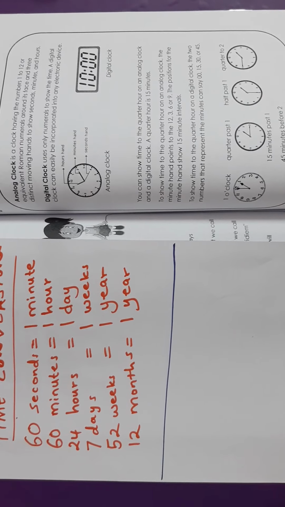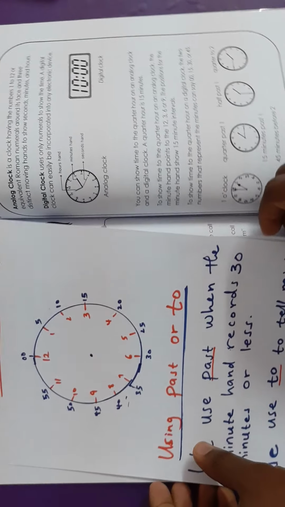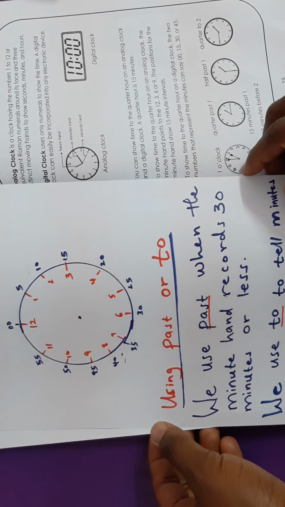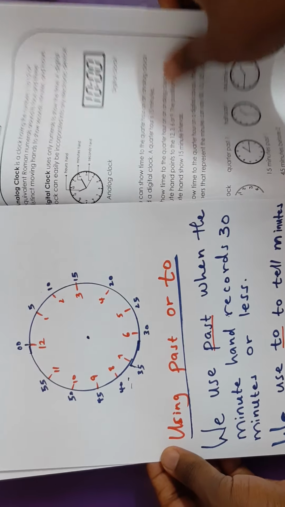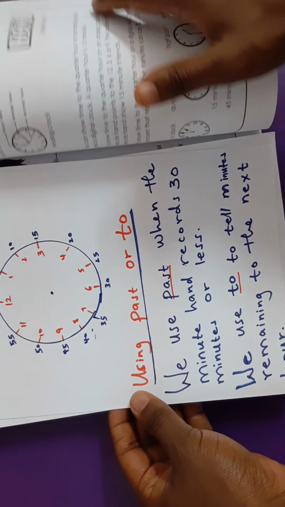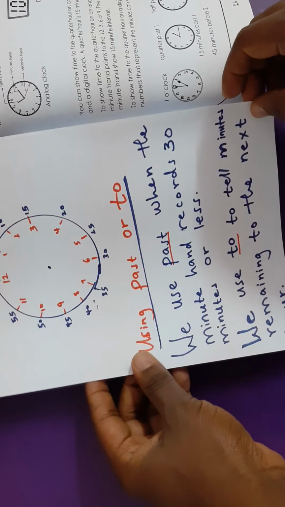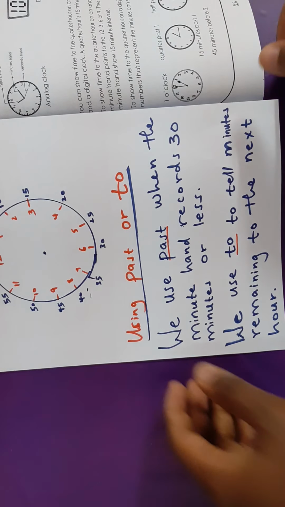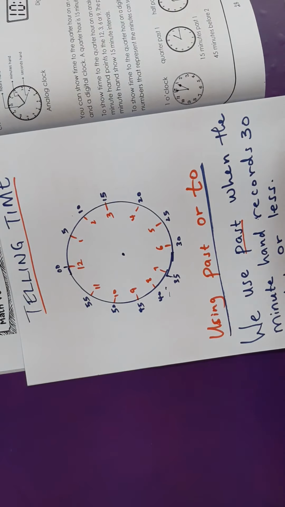Now, telling time, you have to understand. In this case, we are going to use an example of an analog clock, because when you have an analog clock, it's normally the most common method of telling time. Now, an analog clock looks like this.